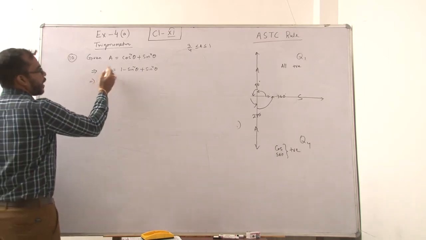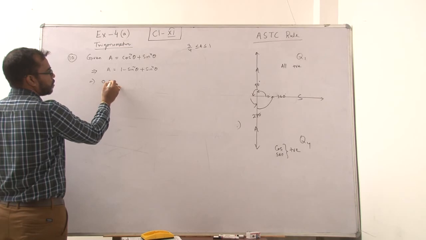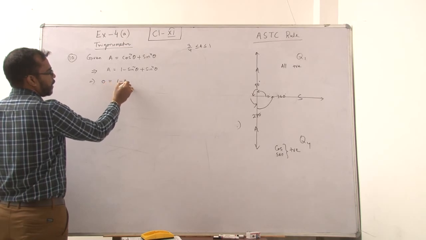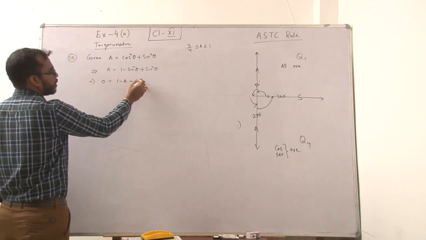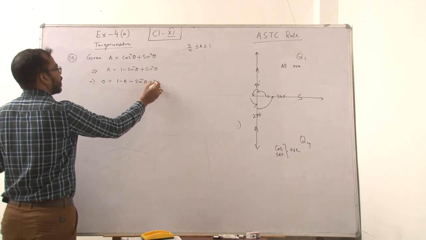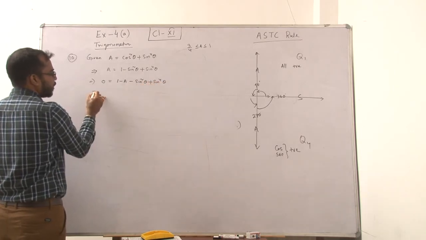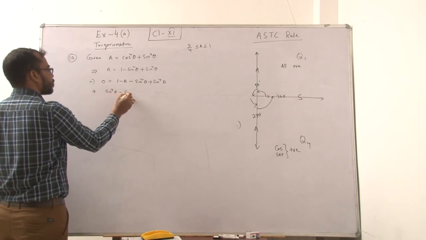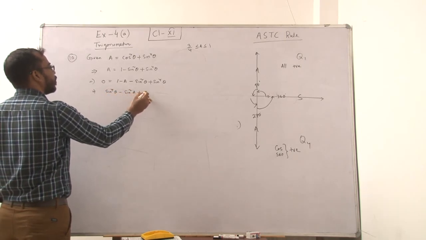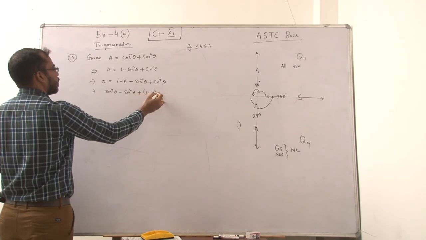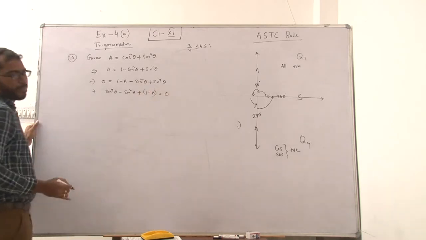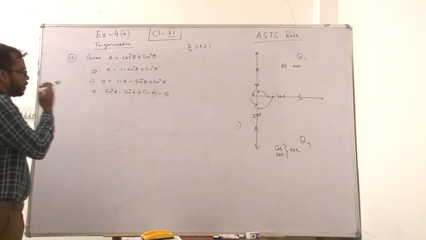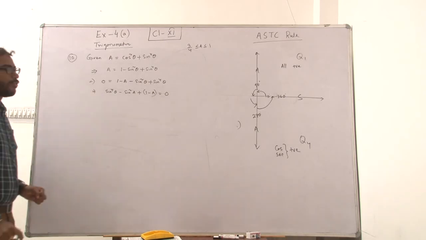So we can take A to the other side: 0 = 1 − A − sin square θ + sin 4 θ, or you can write sin 4 θ − sin square θ + 1 − A = 0. You can write it in a systematic form.